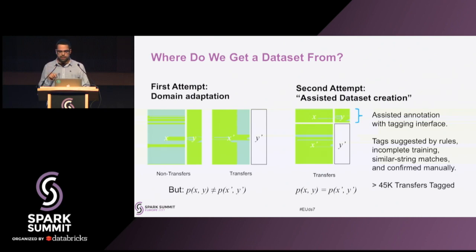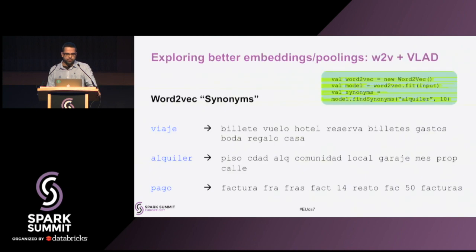Now it was not assigning a label, but just confirming tags or replacing them when they were not correct. But building this dataset was crucial to reach the performances that I'm going to show later. So we have this dataset for all the models we've trained.